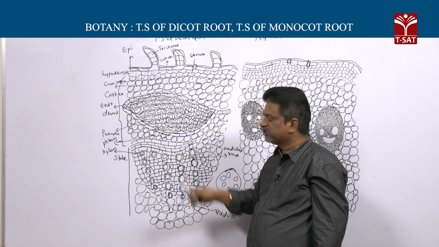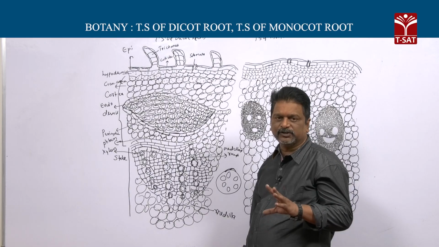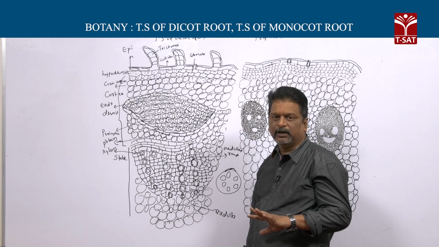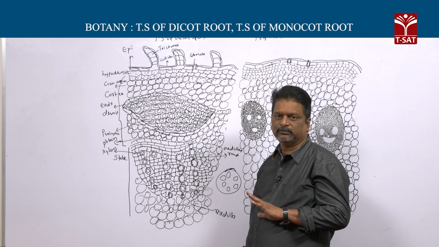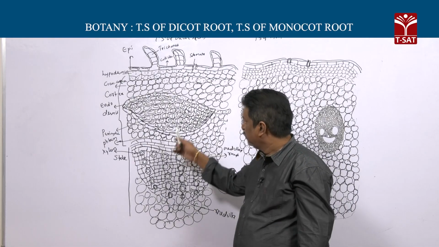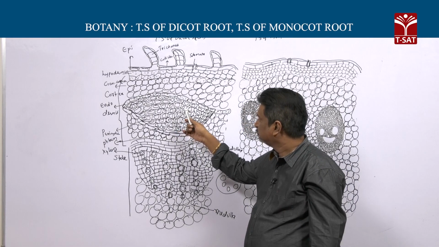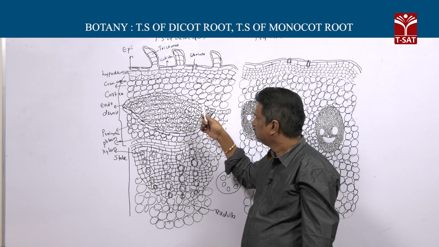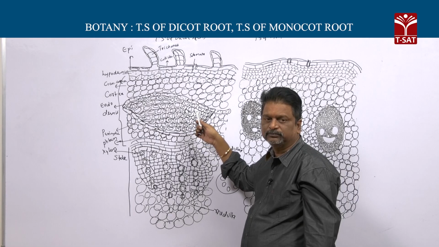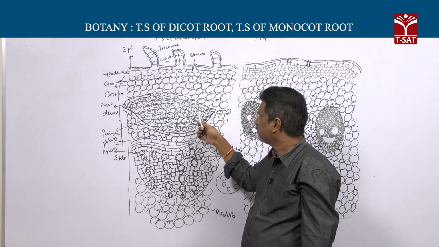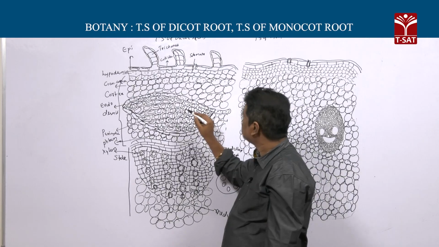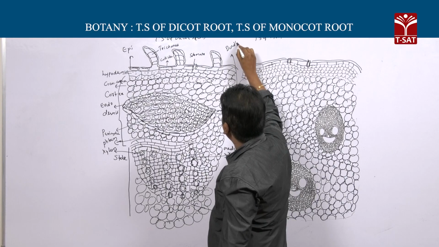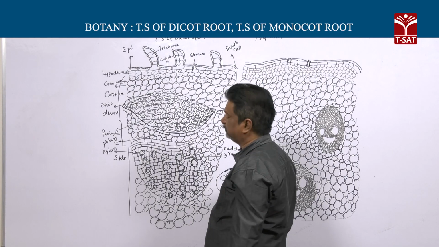Then in dicot stem, that pericycle is generally multi-layered and sclerenchymatous. Here in helianthus, in sunflower, this sclerenchymatous pericycle occurs as patches. It means not uniform, discontinuous. It occurs as patches, and those patches of sclerenchymatous pericycle are called bundle cap.